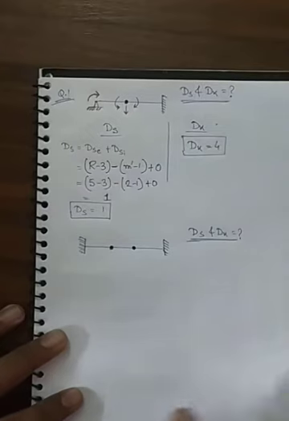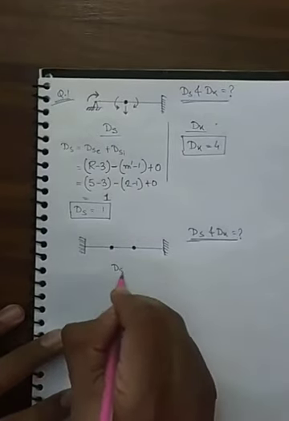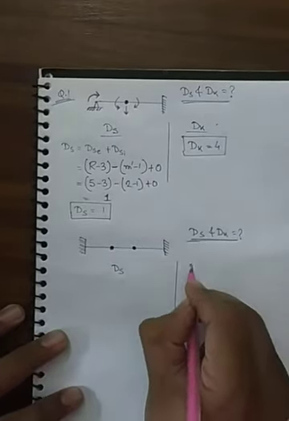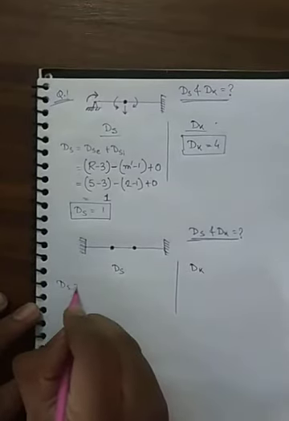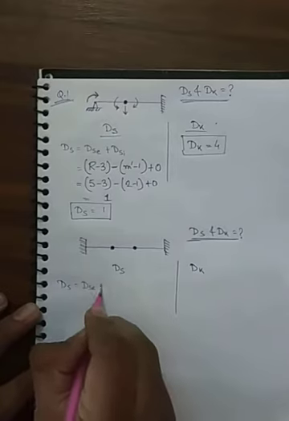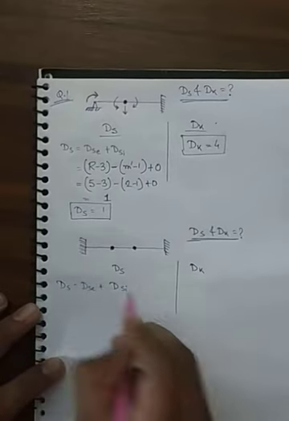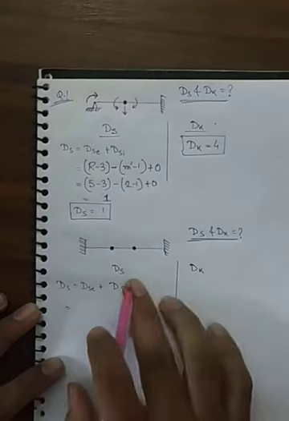Very much simple. First step, you divide DS and DK in two portions. What is your DS value? DS value is DSE plus DSI. What is your DSE value?